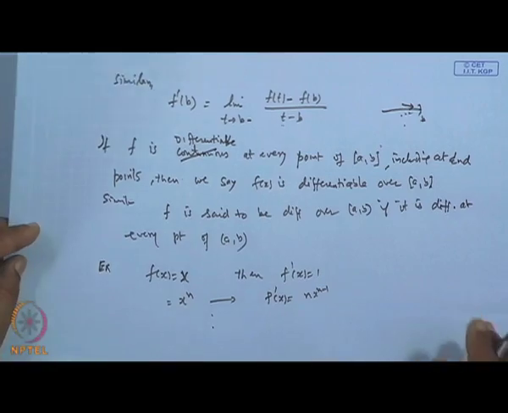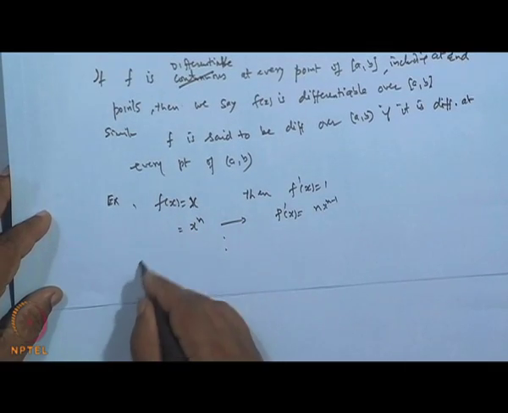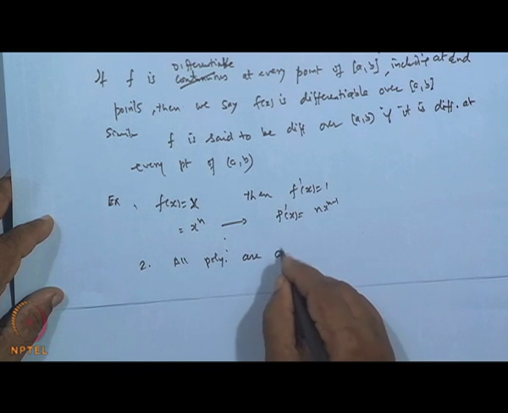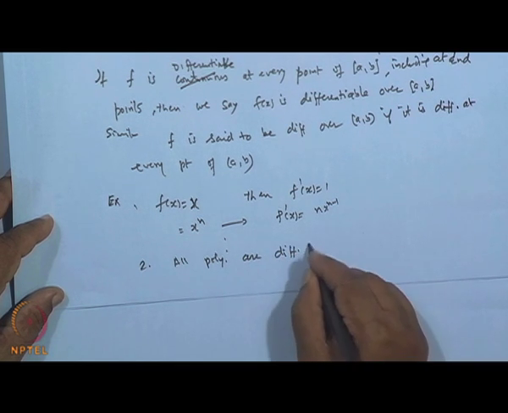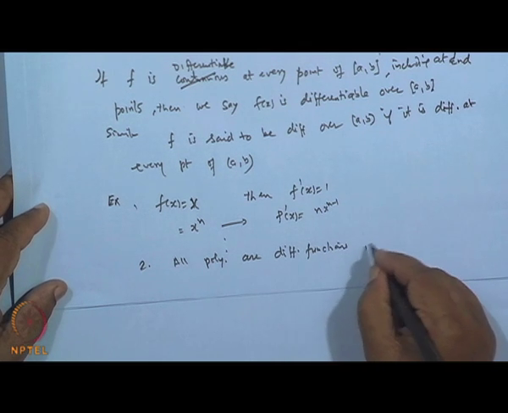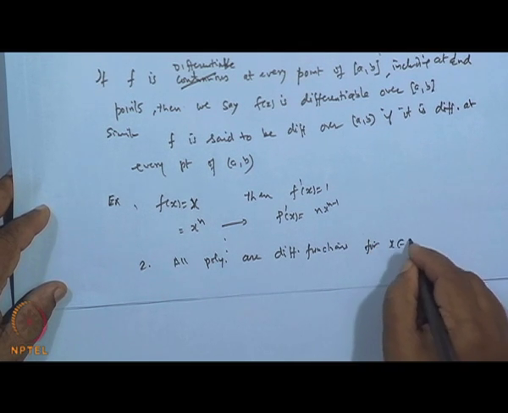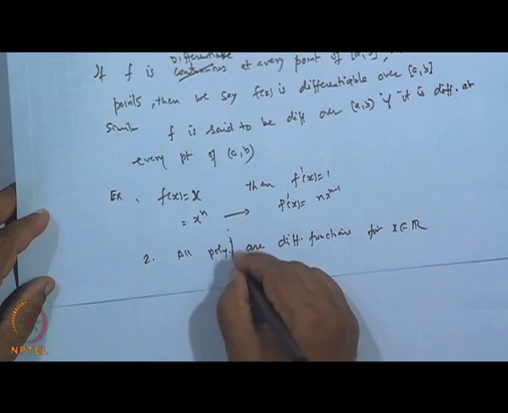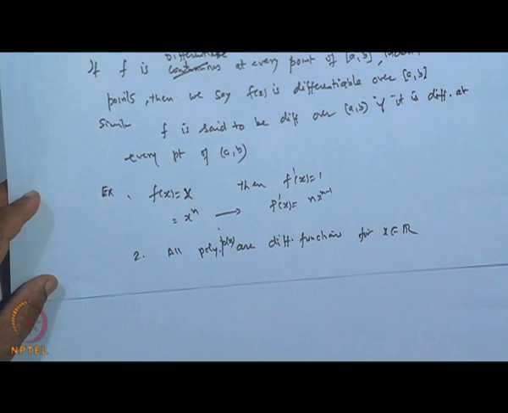So, all polynomial functions are differentiable functions for each x belonging to R. Then a polynomial p(x) is a differentiable function.